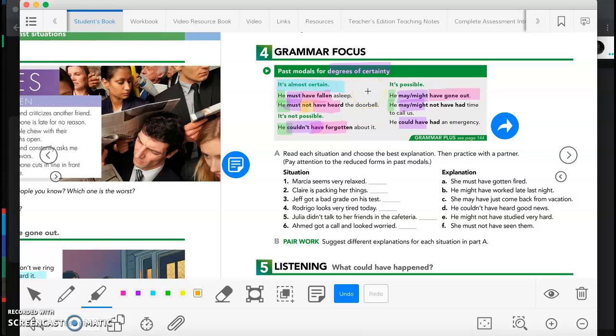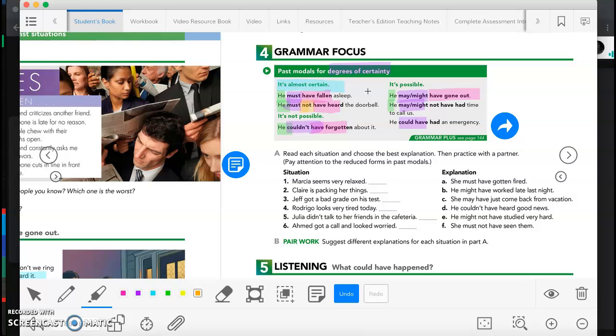But this is a very simple topic. If we want to simplify, we can say "could" is 15%, and "may" is 25%, but "must" is 100%. Yes, exactly.